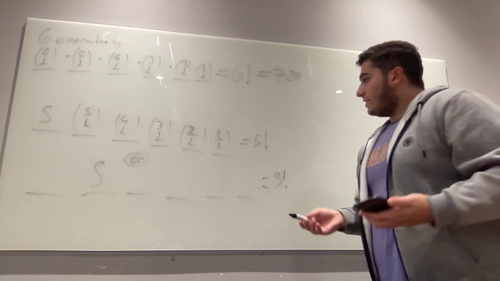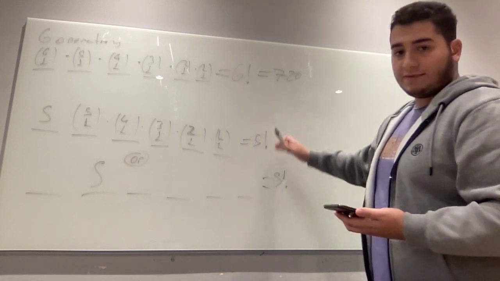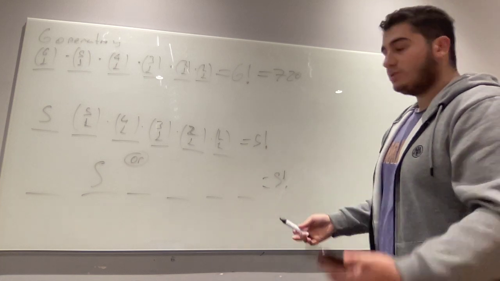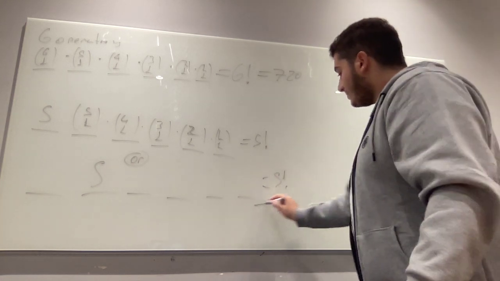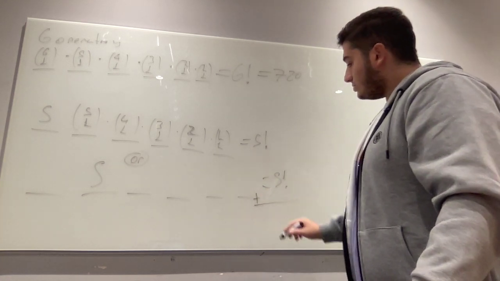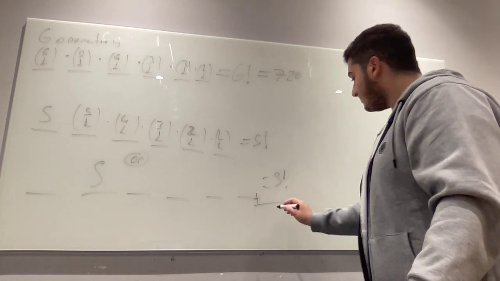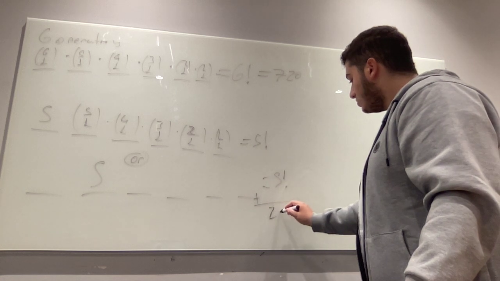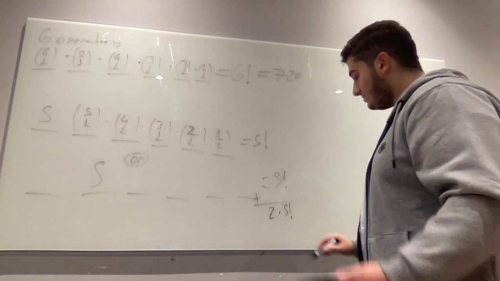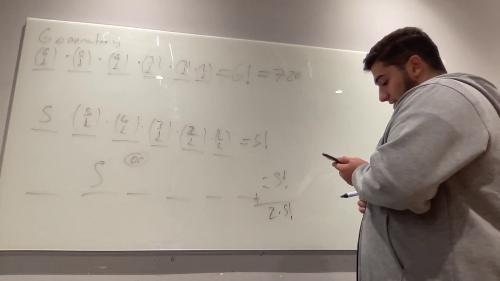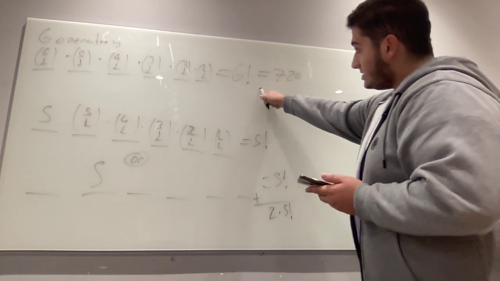It says or, this is happening at one time and those selections happening at another time, so I need to sum them to find how many ways there are. It's 2 times 5 factorial, and the possible ways is 6 factorial.